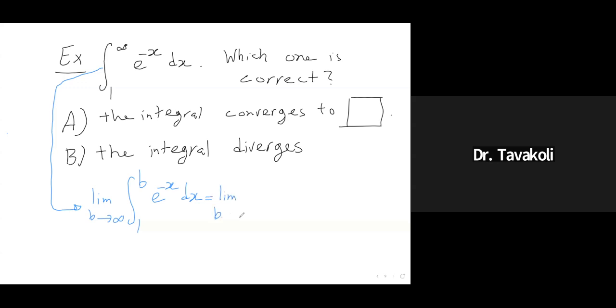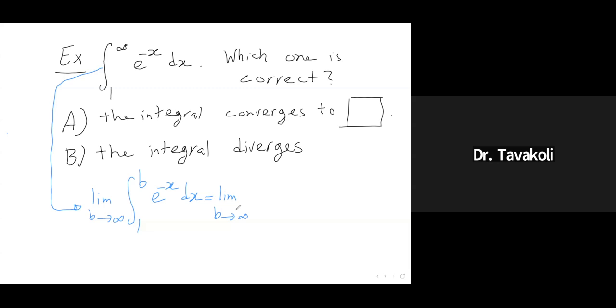So for now, we don't apply the limit because first we do the integral. Do you remember what was the antiderivative of e to minus x? As you might remember, the antiderivative of e to the kx was 1 over k e to the kx, and of course plus c. But since it's a definite integral, we don't need to worry about that plus c.